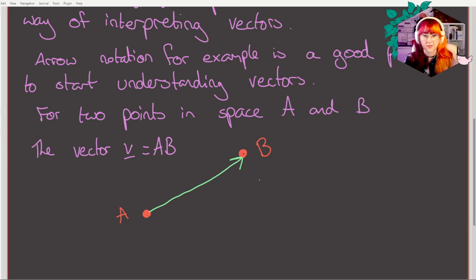And we can write that as from A to B, and this is where I would typically use the little arrow above notation. And this then gives us an oriented line segment definition, because you're moving along this line.